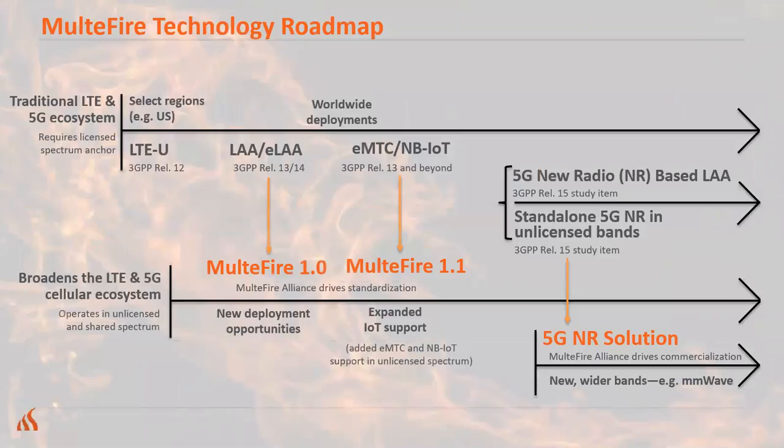Right now the Alliance is waiting to see the 3GPP progress when it comes to 5G NR in unlicensed band, including the standalone mode. Based on that, as we worked with LAA and eLAA for release 1.0 and 1.1, we'll be working in a supporting role based on what 3GPP is doing.